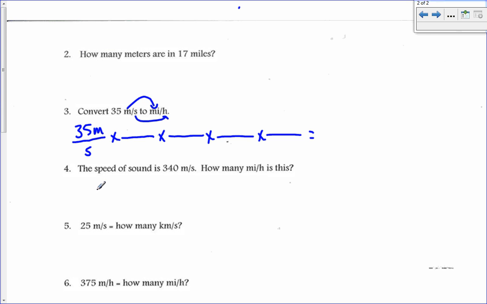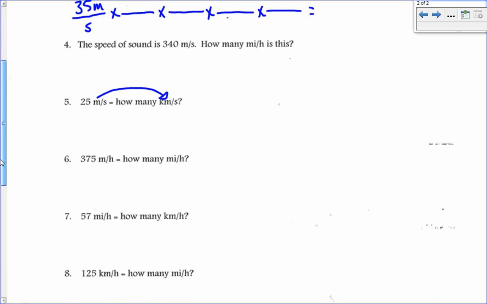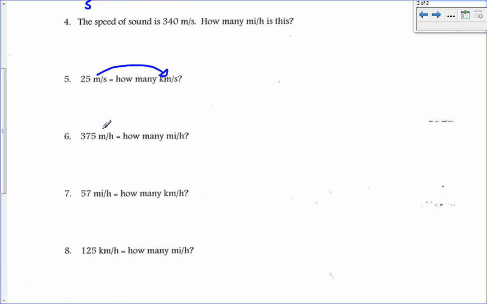Number 4 is very much like number 3. Number 5, you've just got one conversion to do, meters to kilometers. Seconds does not change. Number 6, same thing, meters to miles this time.